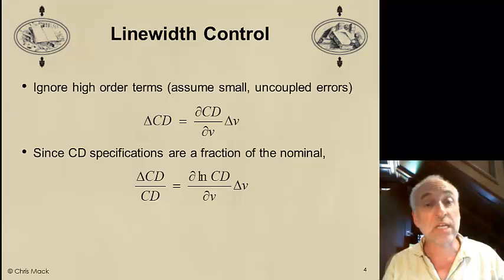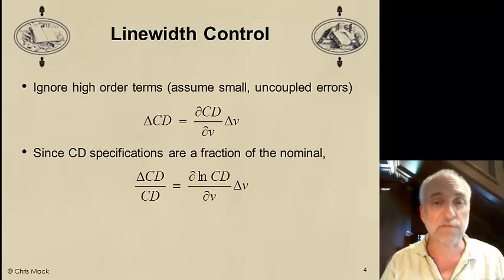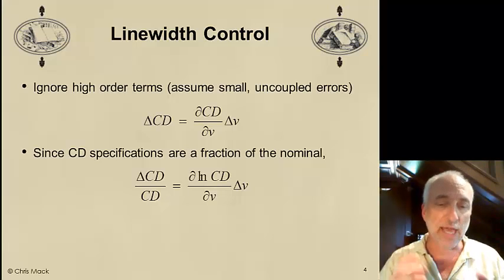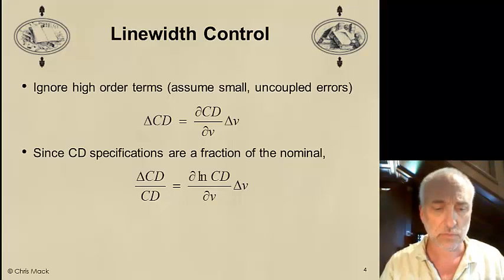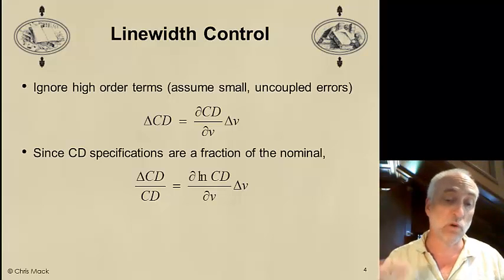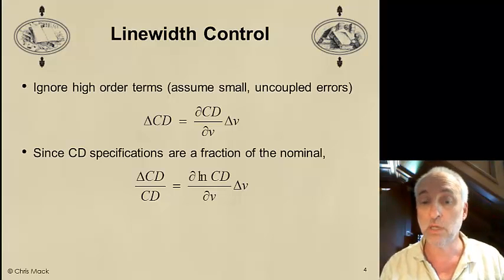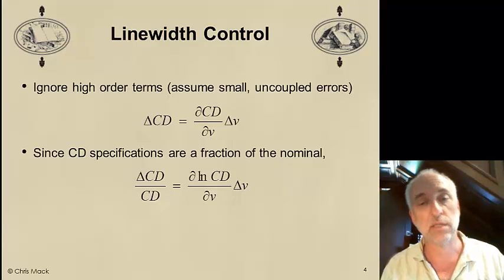However, CDs are often specified as a fraction of the nominal. In other words, we say our goal is to print the nominal CD plus or minus 10%. So larger features have more wiggle room, smaller features have less wiggle room, less ability to withstand those variations.